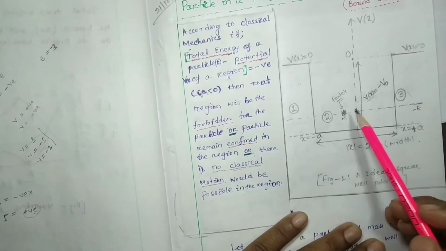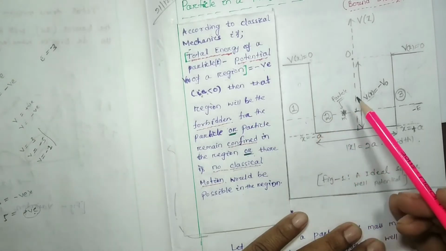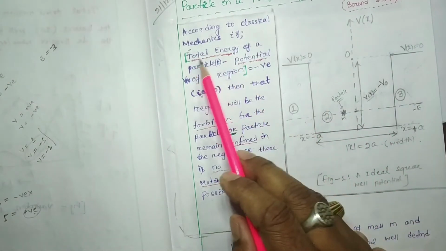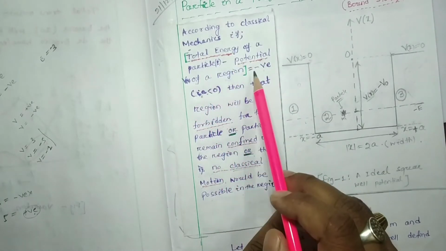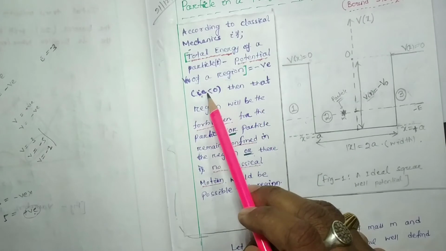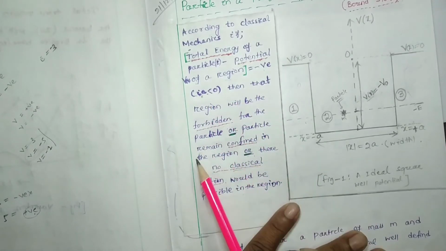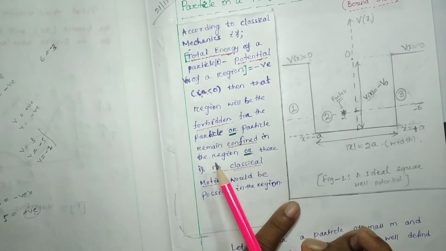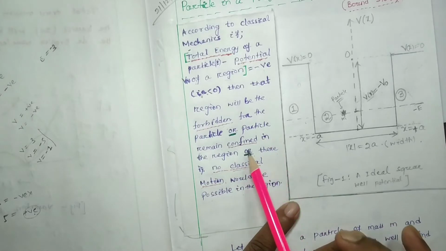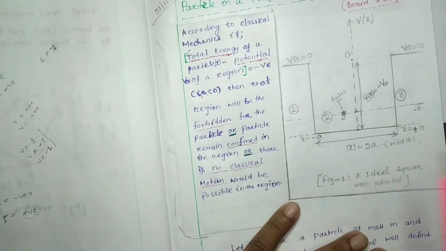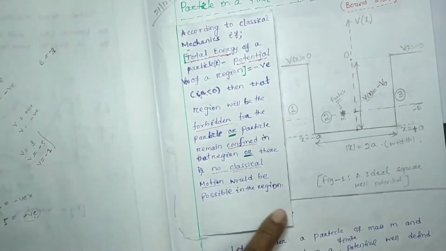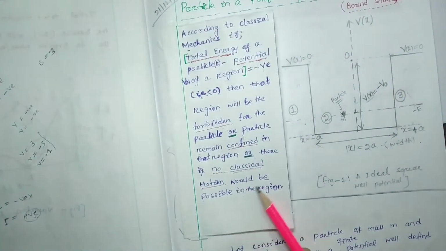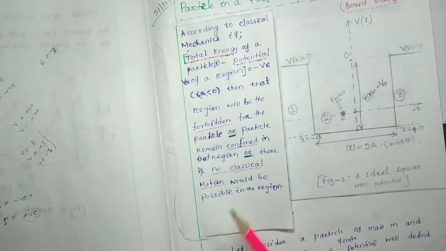Okay. So in any region, if the total energy of the particle minus the potential of the region is negative, or less than 0, then that region is called the forbidden region, or the particle remains confined in that region, or there is no classical motion possible in the region.